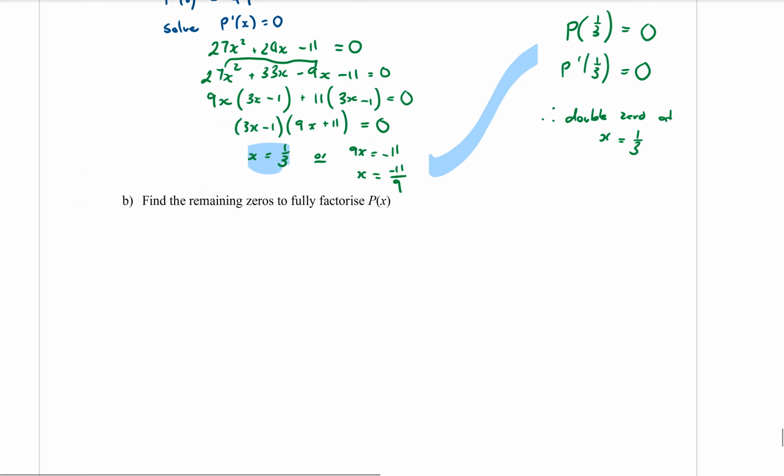But if we didn't know that already, we could write this down as our polynomial is equal to 3x minus 1 squared. Now I've written that's my x equals to 1/3. I've written it in that form because I know I have a leading coefficient of 9, and that's going to give me a 9. I know that it's a cubic, and I know that there needs to be another factor here, so I'm going to call that x minus alpha.